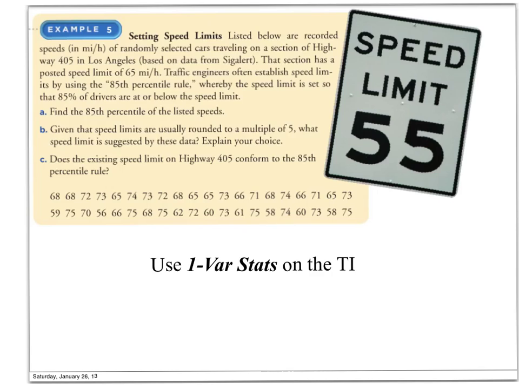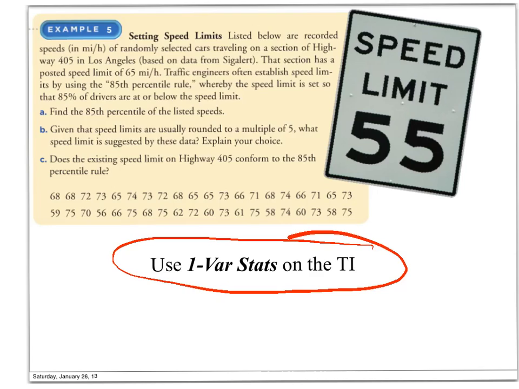Okay, so here's an example of a problem type, and what I would like you to do is practice using the 1VAR-STATS key on the TI calculator to answer this question. So you're going to do example 5 here, where we have a list of the recorded speeds of randomly selected cars on a section of a highway in Los Angeles that's known for speeding.